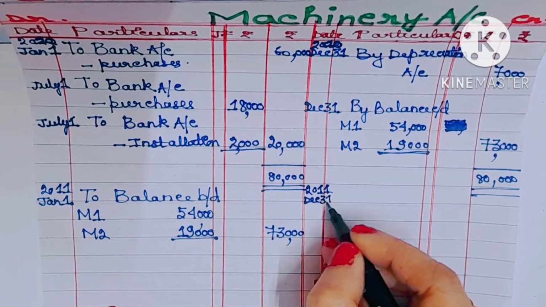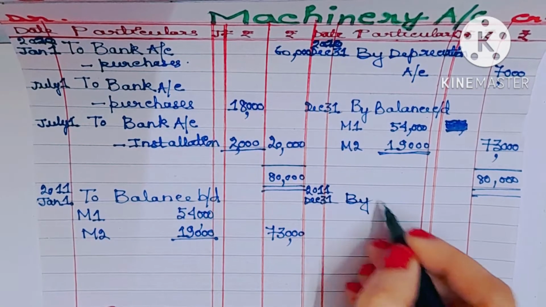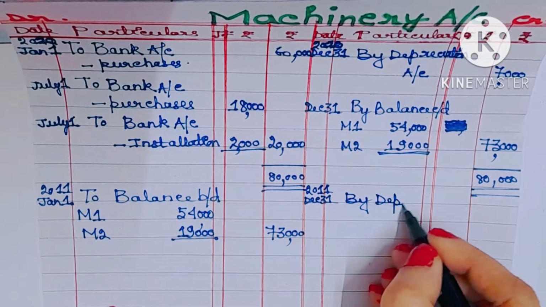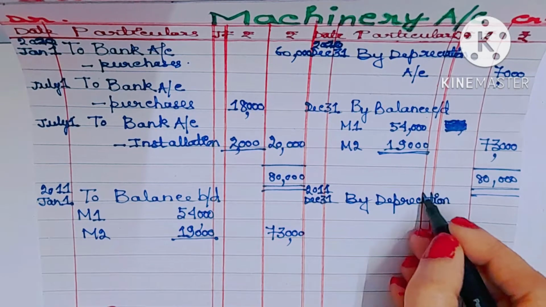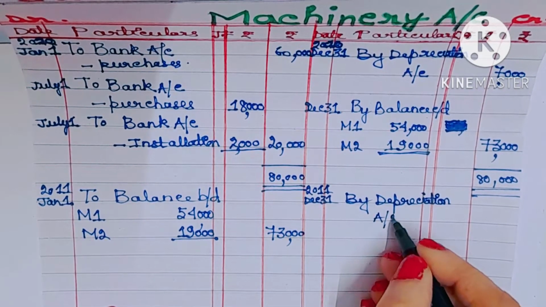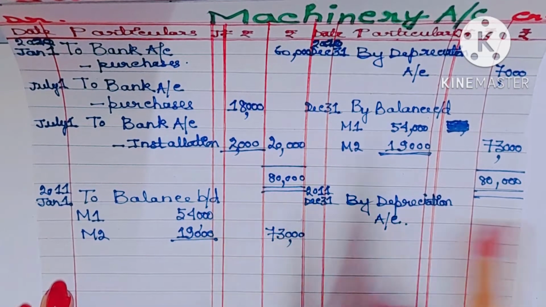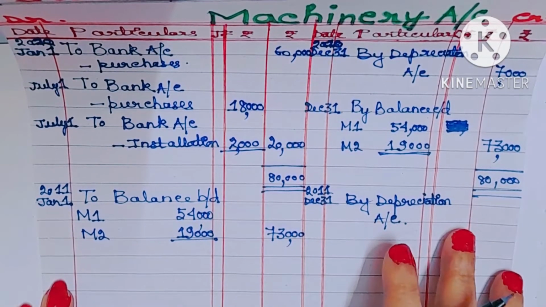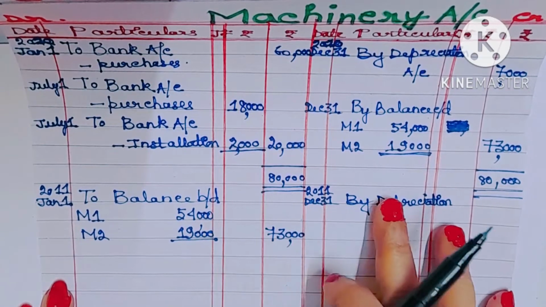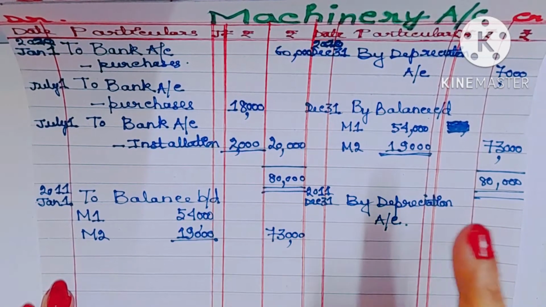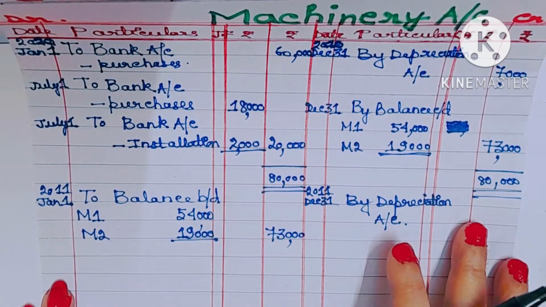We'll have to write by depreciation account. By depreciation account. So what will be the depreciation? We have to charge 10% on the first machinery. Which amount? Please don't charge 10% on 54,000. We are preparing the machinery account under straight line method.